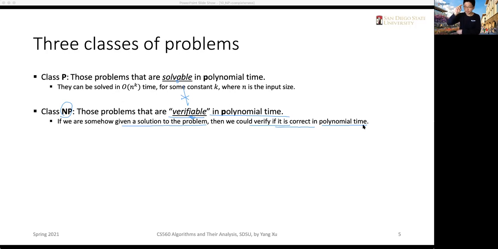We just need to go through that path once, and then we will know whether this is the correct solution or not. It looks like a pretty easy way to verify, right? So if we can verify it within polynomial time, then we say this type of problem is NP. Okay, so that's how we define the P and the NP.